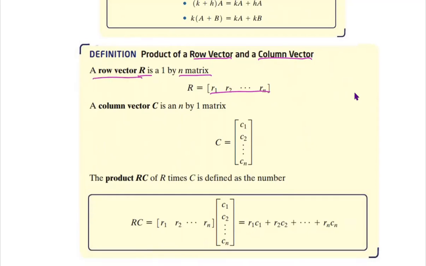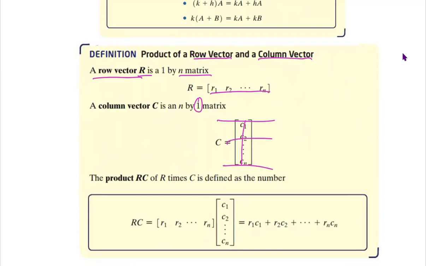That's a row vector: one row and more than one column. And it's a similar situation for the column vector. The column vector is a matrix that has just one column, and then you see multiple rows. So in this case, since it has one column, it's called a column matrix or vector.